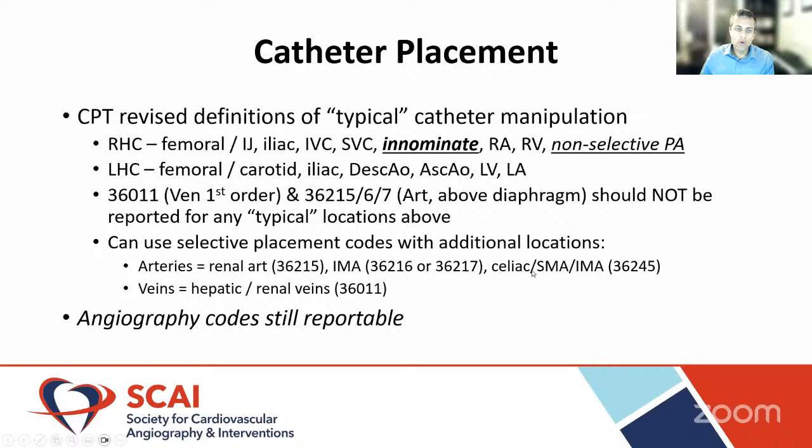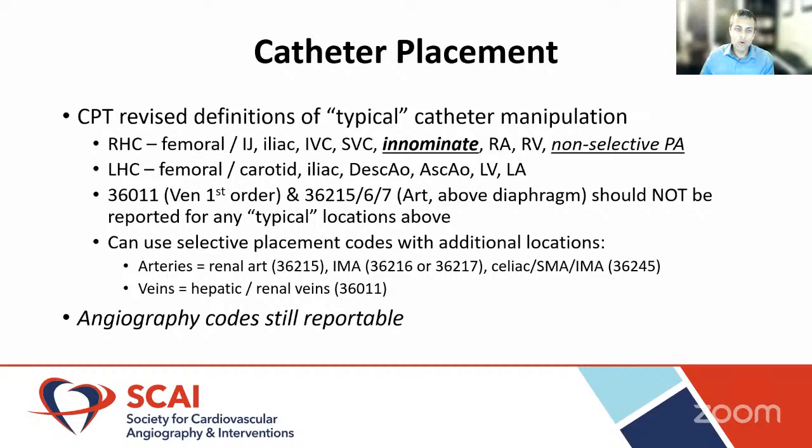The other thing to mention is for the vein, not for the artery, some catheter placements have now been bundled a little bit more expansively. In the past, first order vein, like the innominate vein, was not considered part of the right heart cath, but now they've bundled the innominate vein in. That's why I've bolded and italicized it. So we used to be able to bill for the innominate venogram and first order catheter placement there.